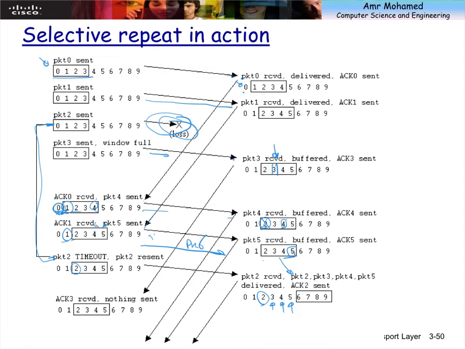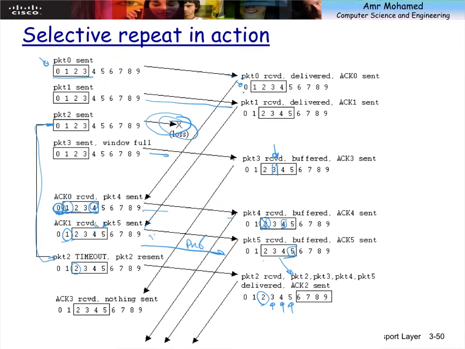So when I sent packet 0, okay, I received the acknowledgement for packet 0 before its timer fires up. Okay. When I receive that acknowledgement, I can slide the window. When I slid the window, segment 4 has become inside the window, so I can send segment 4.